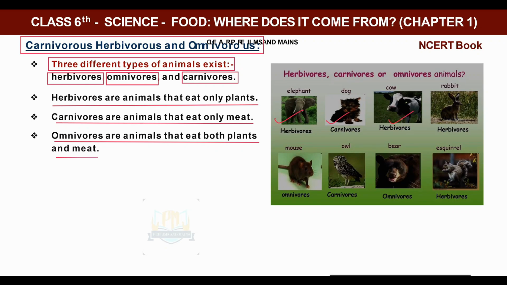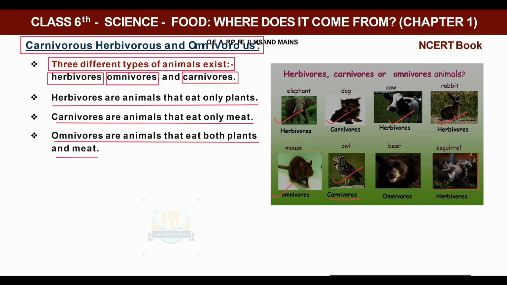The cow is a herbivore, and the rabbit is a herbivore. The mouse eats grains as well as some small animals.